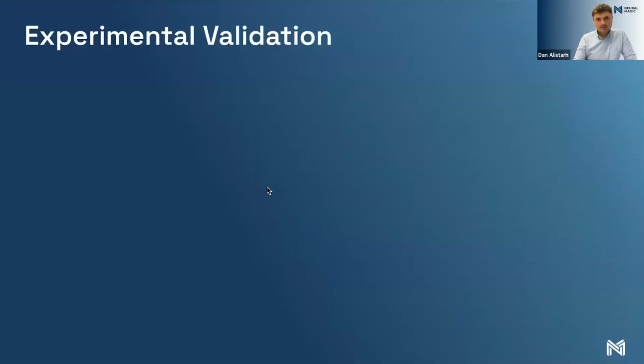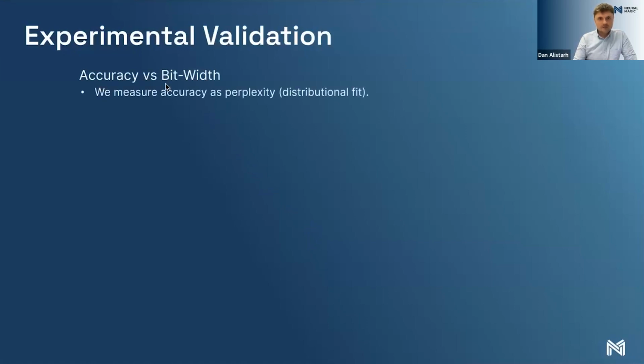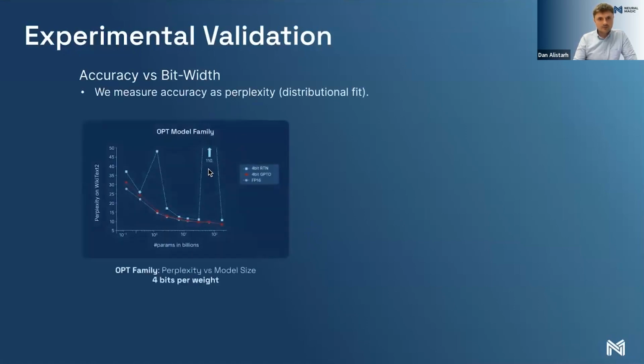But basically, here's what you get when you implement this procedure. We're going to look at accuracy versus the bit width of the remaining model. If we look at the OPT model family, what we see is that standard round-to-nearest quantization, which has been used by previous methods, will start to explode every now and then, just because it's not able to preserve the accuracy of the model.